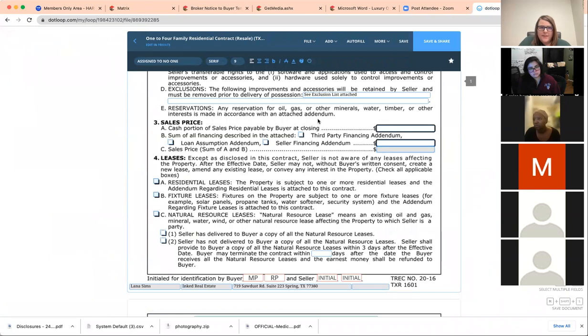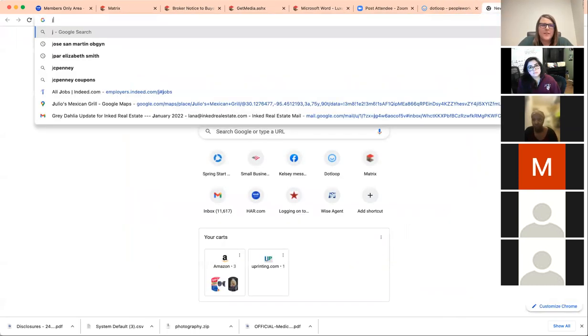So for some reason, it's not letting me put in the contract price. Maybe it auto sums it for me. So the first section is the cash portion, which is dependent on how much they're putting down. If this is a jumbo loan, by the way, and if you don't know what a jumbo loan is, I know the limit changed this year.